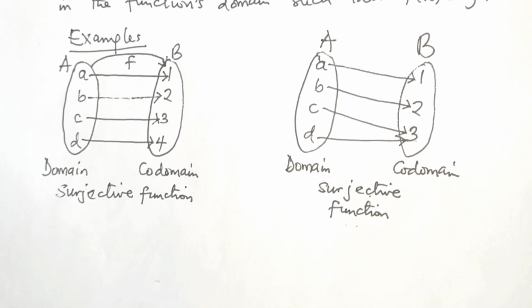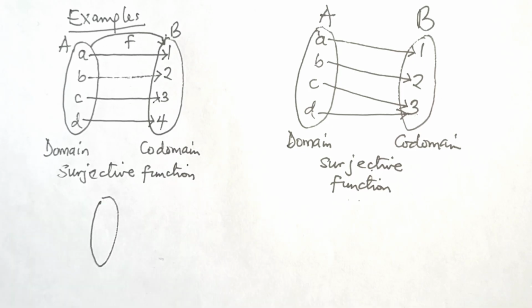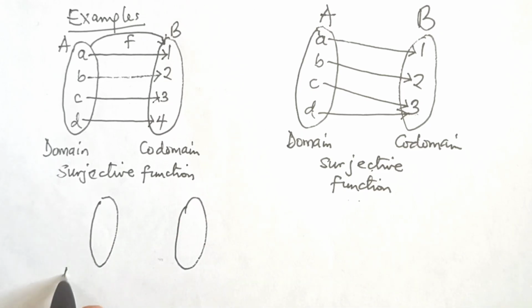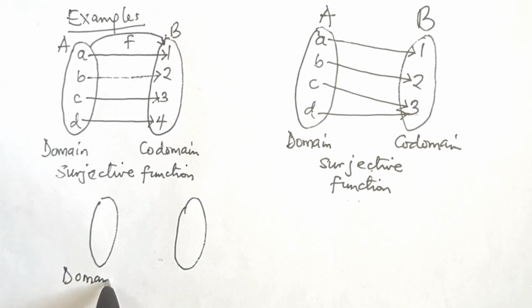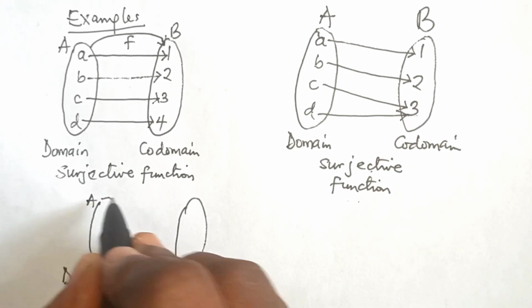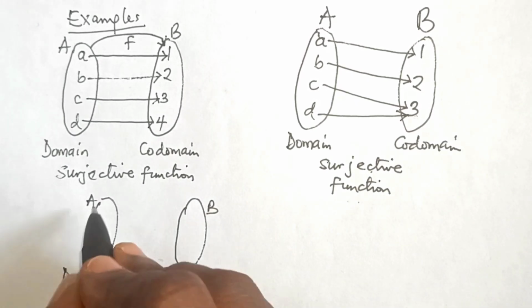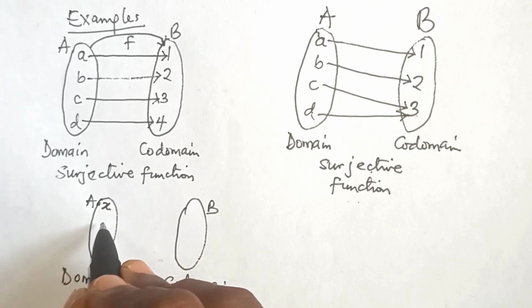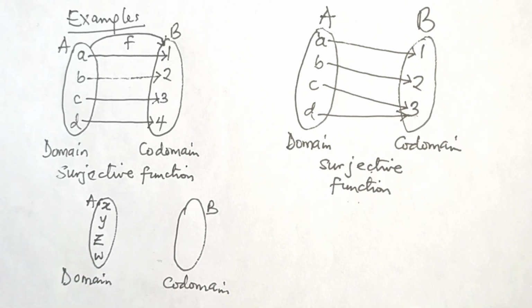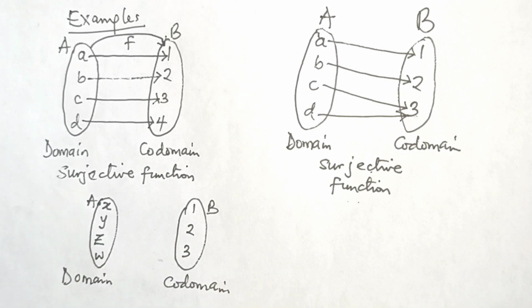We also have another one, set A and set B. The elements of set A are X, Y, Z, and W. The elements of set B are 1, 2, and 3.